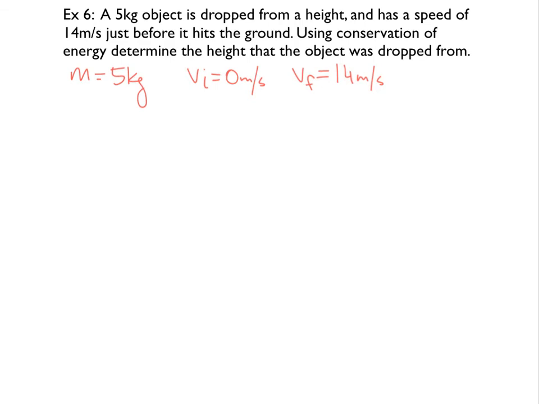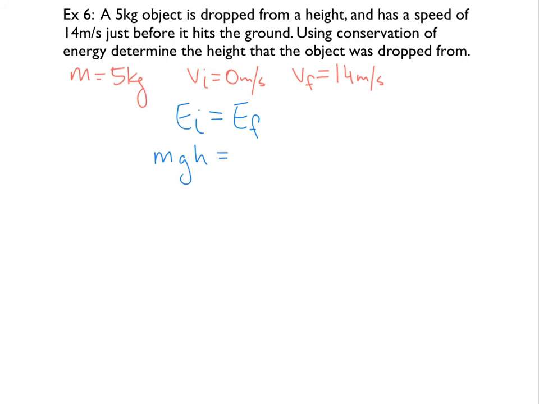Because of the conservation of energy, we know that your initial energy is going to equal your final energy. Let's talk about the type of energy that's happening in each situation. Initially, it's just being held at a height, so it's all potential energy. So we're going to be using our gravitational potential energy equation for the initial.